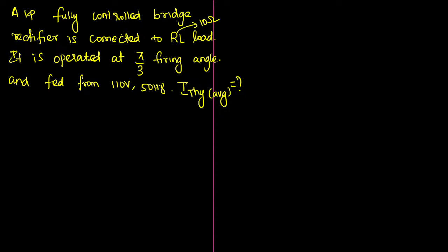Numerically, if you are making any mistakes, it doesn't matter. We can rectify it. 4.95. Okay. Any other answer? Good. Slowly, you people are improving.